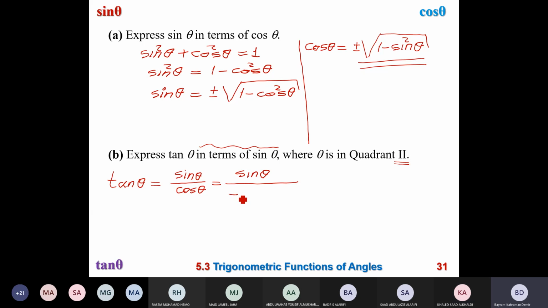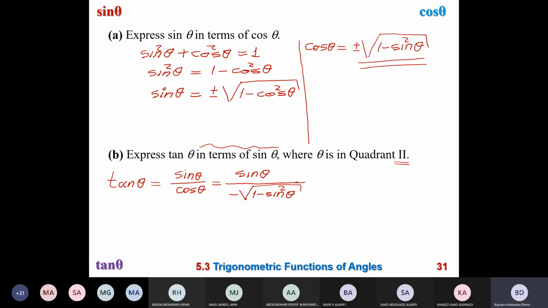Exactly. So it is negative root 1 minus sine square, and we rationalize the denominator. Now it is in terms of sine, that means we have only the sine function, not anything else.